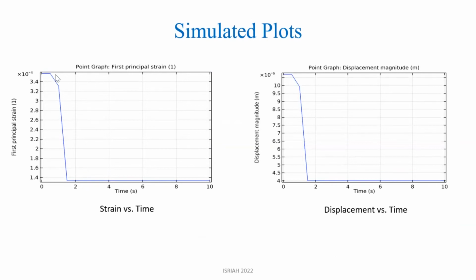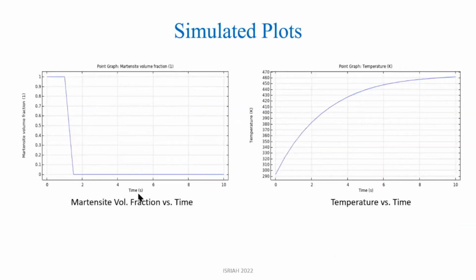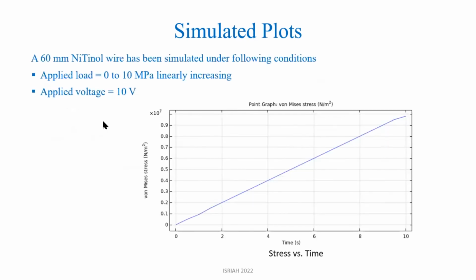Actually, this point corresponds to the change of phase. I will come to that. The martensite volume fraction is changing from this to this, that is, all the martensite is transformed into austenite in this region, and the temperature is varying in this way. Now we have simulated another nitinol wire where the load is increased linearly from 0 to 10 megapascal, and the voltage remains constant.